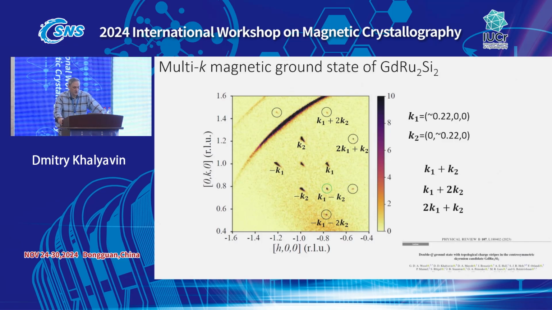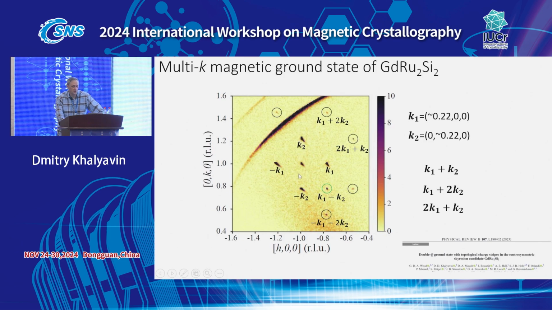And that is the example: a cut of reciprocal plane measured on WISH for this crystal. It's gadolinium, but it was isotopically substituted, so it was a huge crystal and scattered very well. We see a fundamental peak at the position HK at -1, 1.